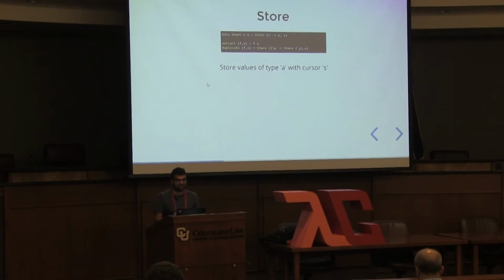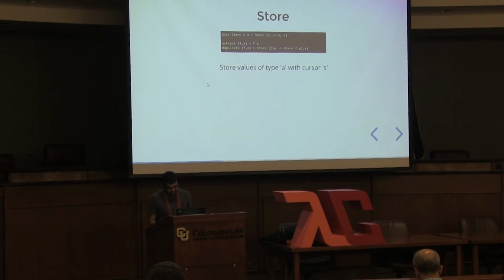Extract just applies your key value mapping to that specific cursor key to give you the value at that point. And then duplicate gives you the store of stores, where each store has an inner cursor at the cursor in the outer store.